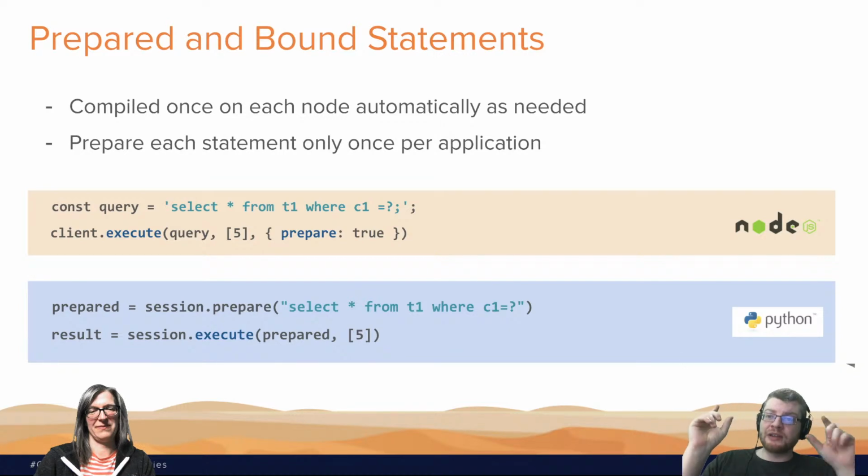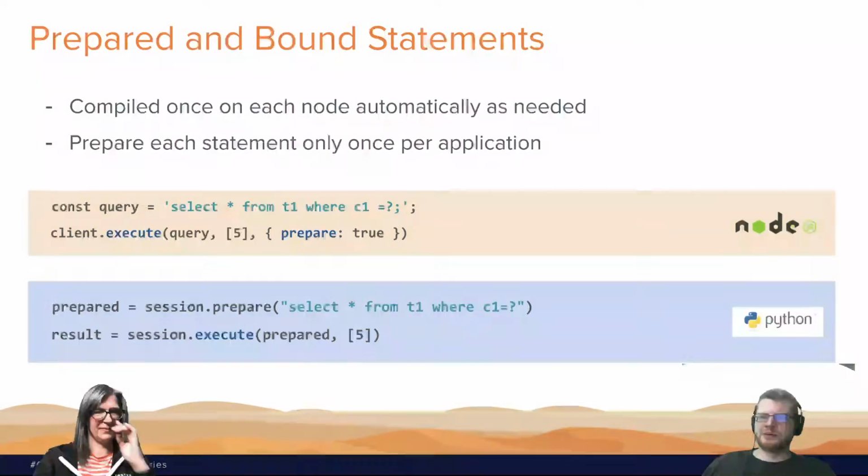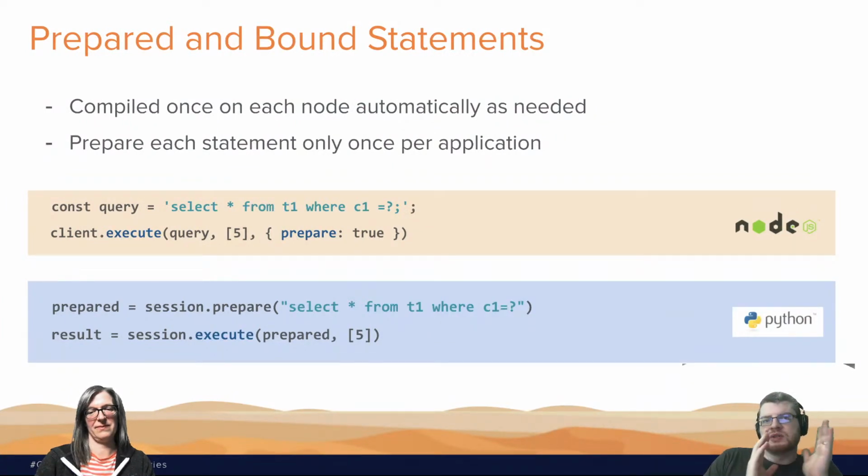Both the driver and the nodes understand that ID, so they can communicate by saying, run the statement with this ID with these values, instead of sending that whole huge select star from statement that takes up a bunch of network traffic. They say ID, values, do it, send me the result. So it's an optimization. It's very efficient, and it's also much safer when it comes to injection than a simple statement.